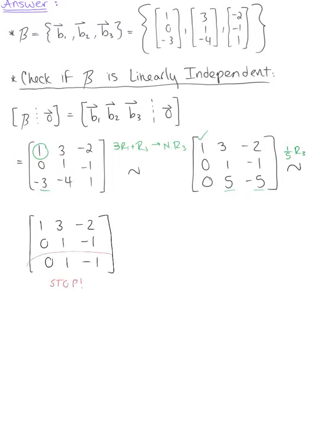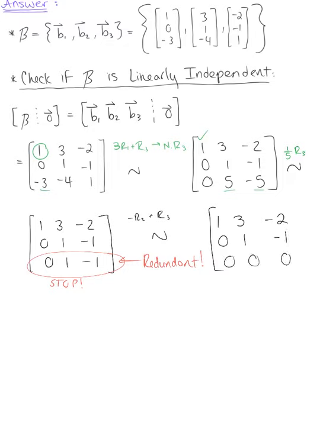We can see that the third row is redundant. We could further reduce this and confirm to ourselves that a free variable certainly does exist if we combine R2 and R3, or minus R2 plus R3. We can see that we'll end up with 1, 3, negative 2, 0, 1, minus 1, 0, 0, 0.